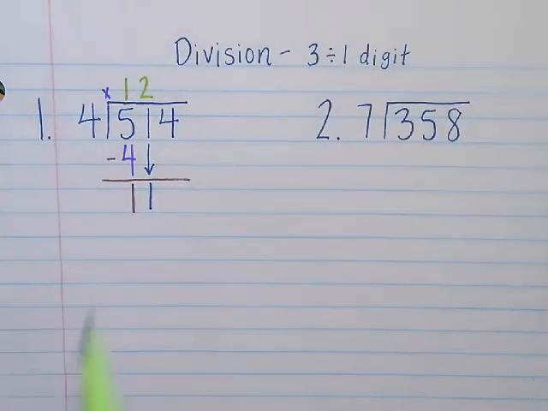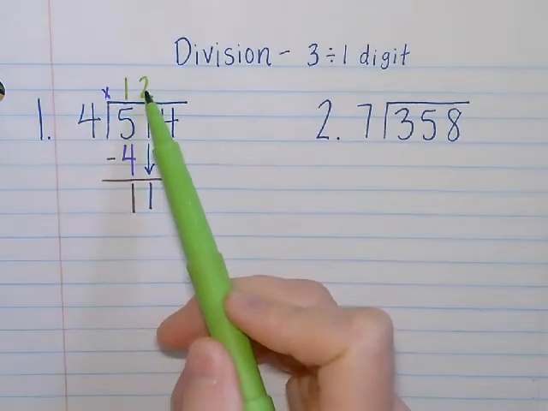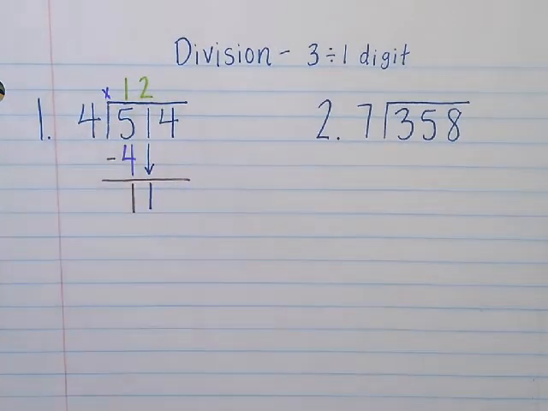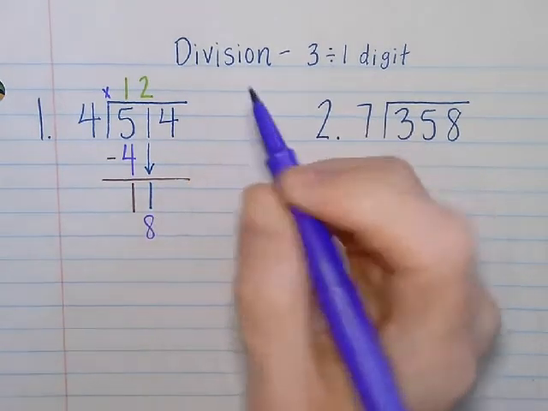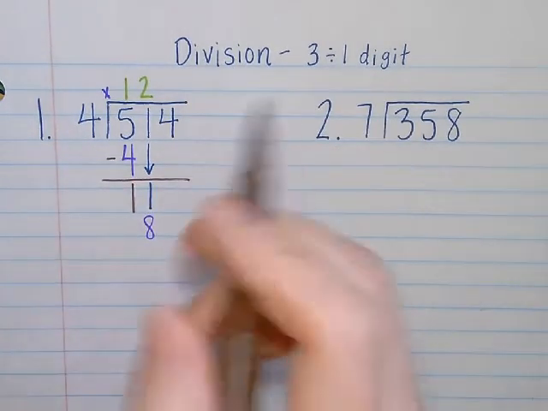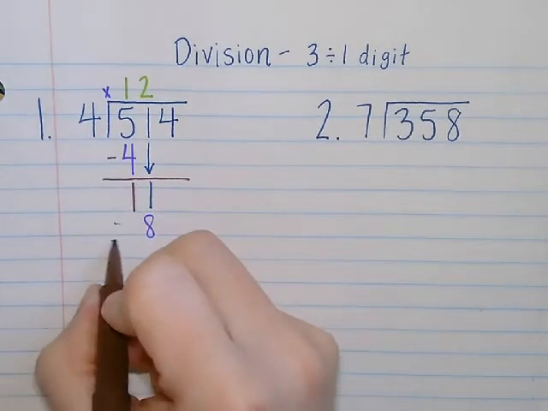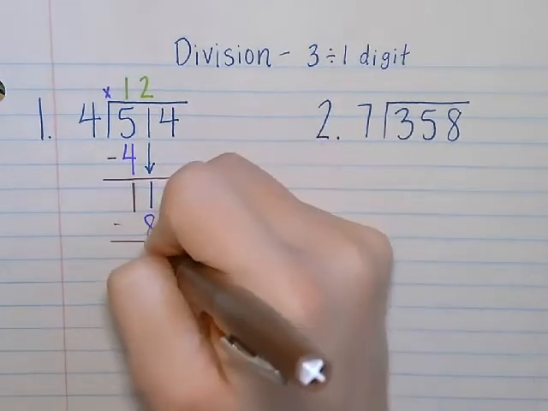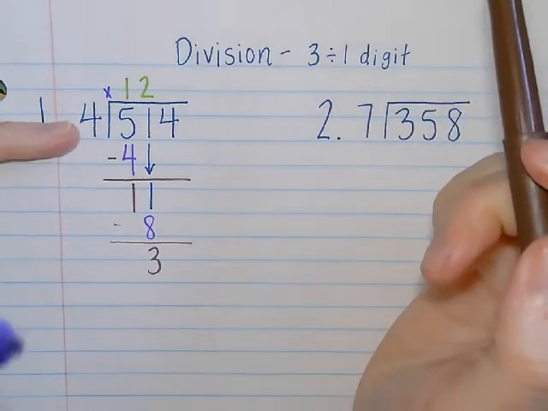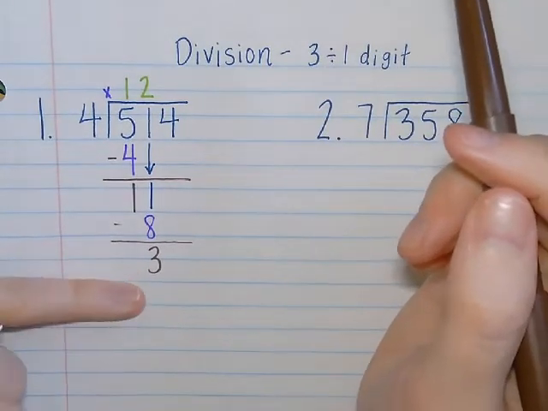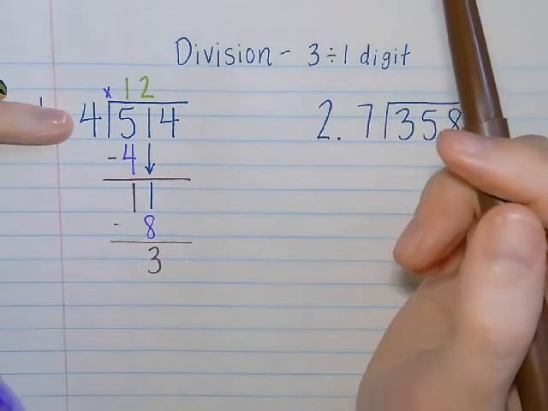Let me check my math. 4 times 2 is equal to 8. So that 8 goes right below the 11. And then I subtract. 11 minus 8 is equal to 3. I know that 4 cannot go into 3 because 3 is less than 4.